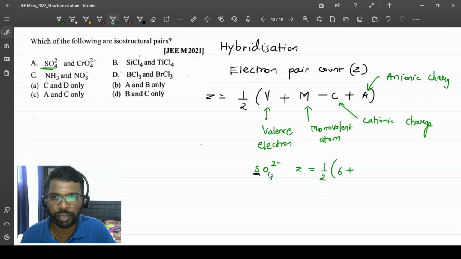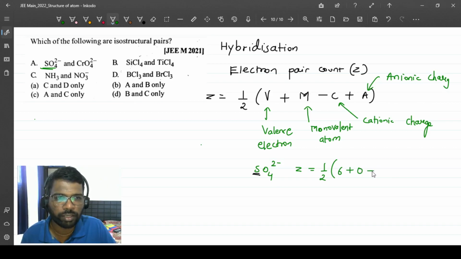Oxygen is not a monovalent atom. It requires a double bond, mostly it will be bonded by a double bond. So the number of monovalent atoms will be zero, because oxygen is not a monovalent atom. Hydrogen, chlorine, or any halide are monovalent atoms.